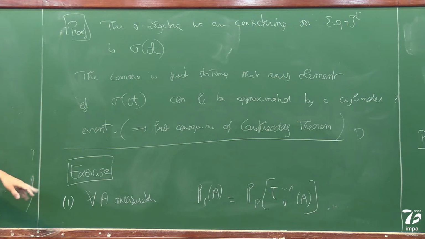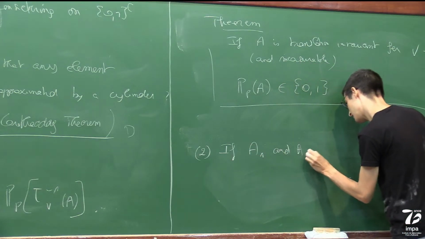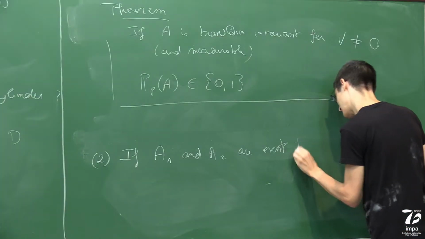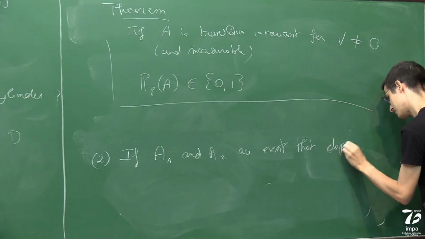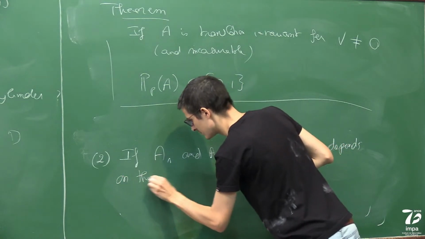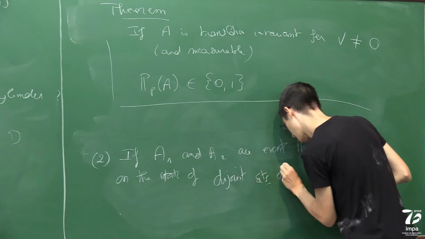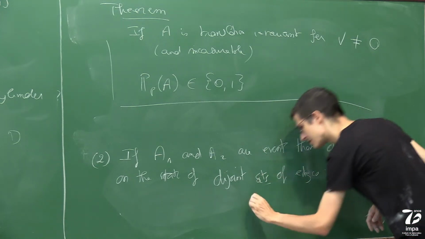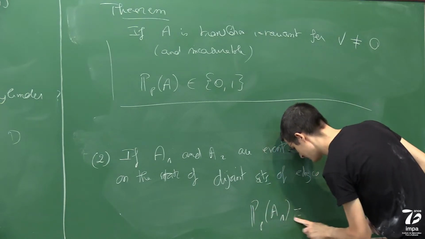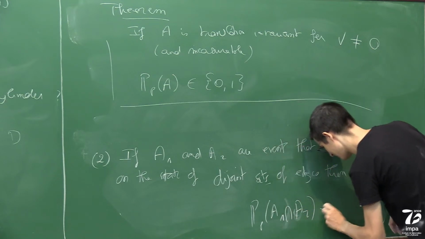Okay, this makes me think of a second exercise, something that has not been questioned, but something that I've used, which is not completely trivial. So if A1 and A2 are events that depend on the state of disjoint sets of edges, then P(A1 ∩ A2) = P(A1)P(A2).